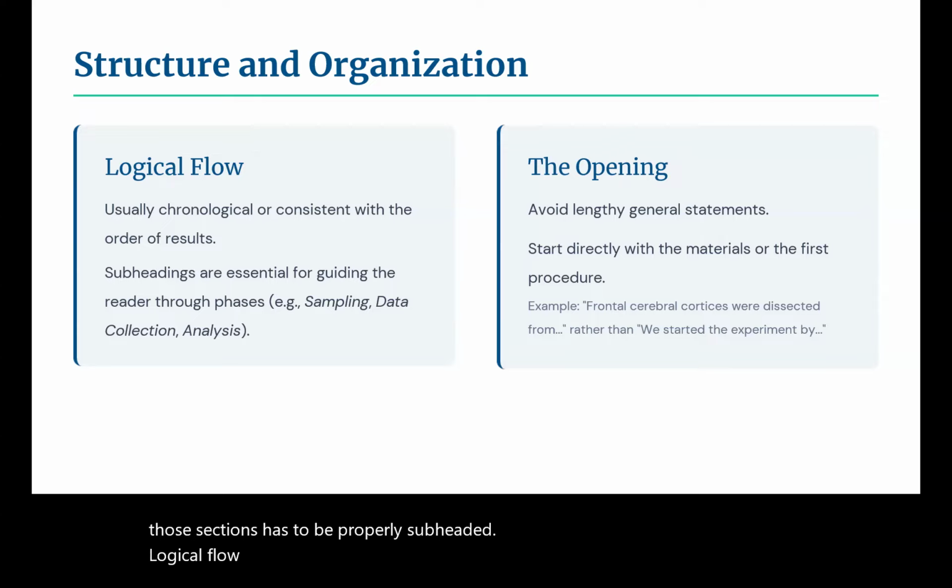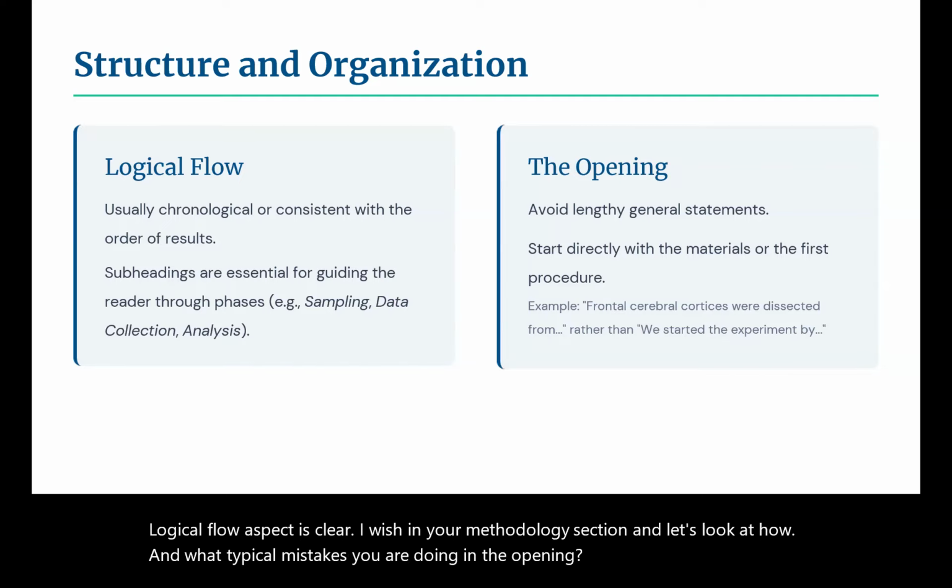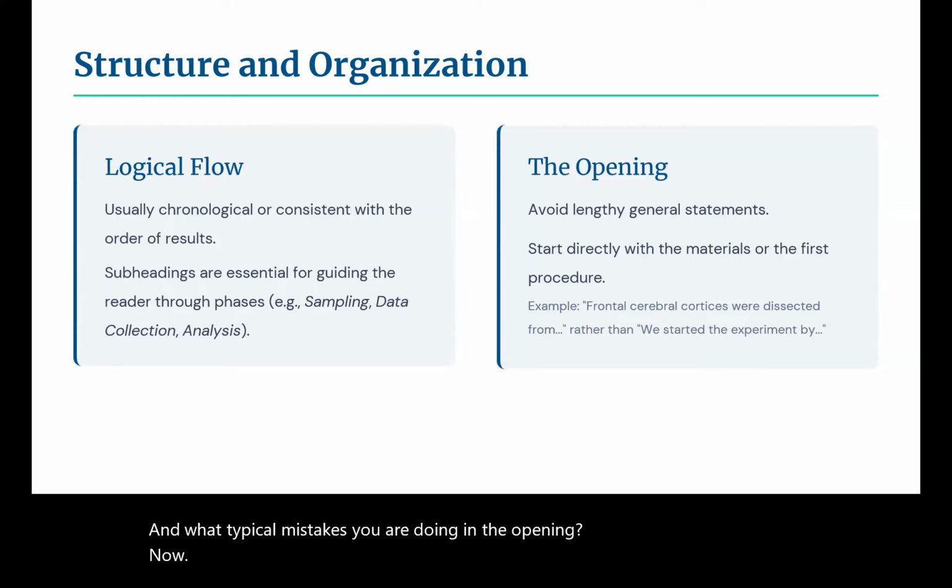And let's look at what typical mistakes you make in the opening. Now, you had an introduction of the research article at the beginning. You had an introduction of the thesis as your first chapter.